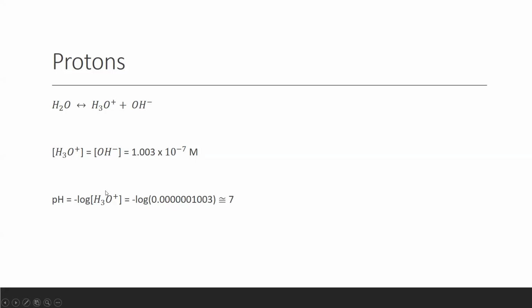Now, the pH scale was defined to describe the concentrations of H3O plus or H plus in really simple terms. It's the minus log of the H plus or H3O plus concentration. So if we put in this concentration here, we get a pH of 7. We know that the pH of pure water is 7, and this is all due to water reacting with itself to produce a concentration of H plus in this range.